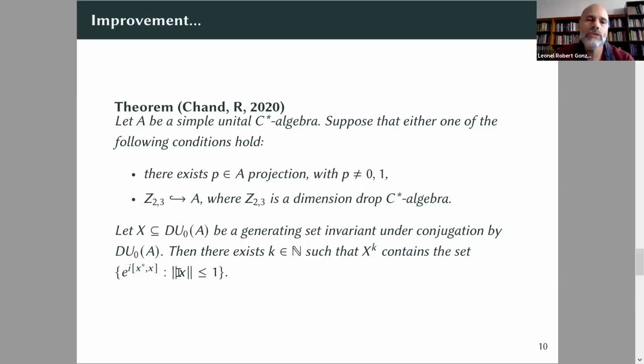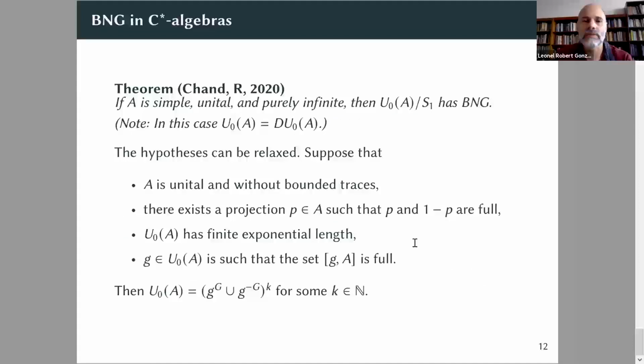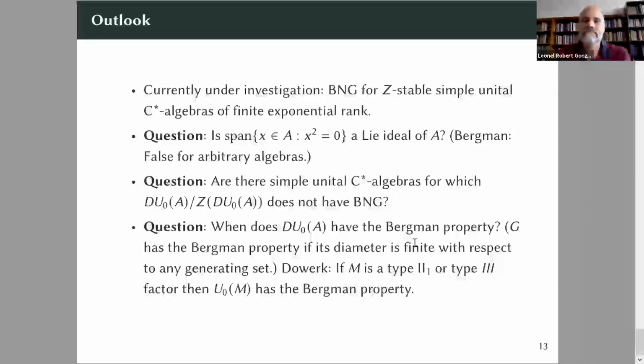Now, if we know something like finite exponential length, then from here we can get all unitaries. But the main problem with our theorem here is that the set X is invariant under conjugation. That's a very small collection of generating sets compared to what one has in the Bergman property. And that's it. Thank you.